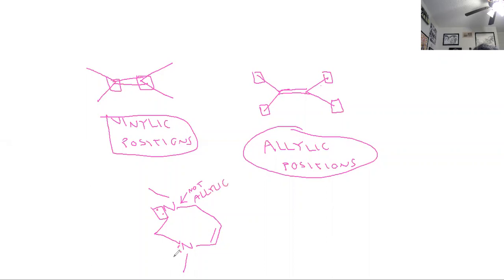This one, on the other hand, has the pi bond over here. It's next to it. So this one is allylic. Okay. So the lone pairs, to draw the resonance structures, should usually be allylic.